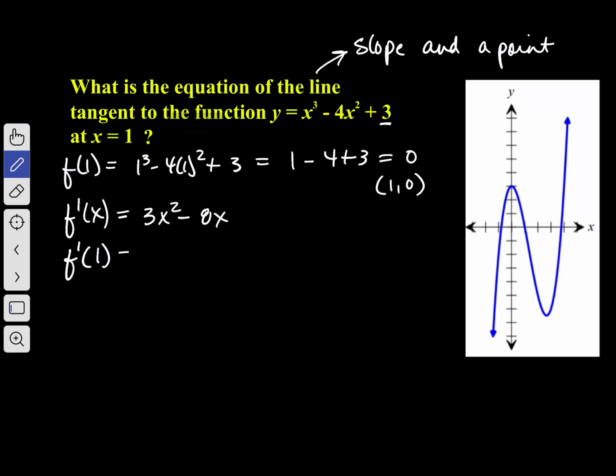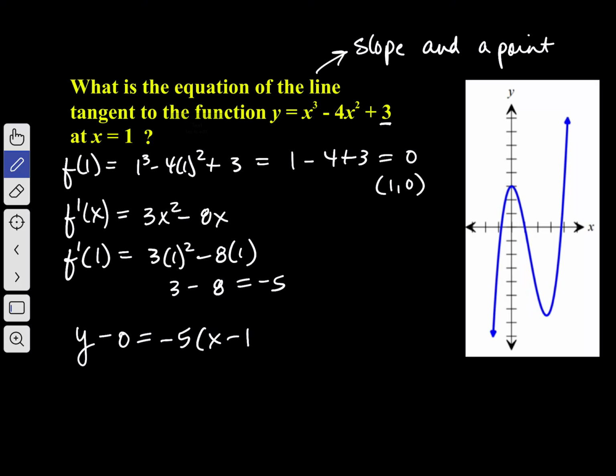So f prime at 1 is 3 times 1 squared minus 8 times 1, which is 3 minus 8, and that gives me -5. So the slope at 1 is -5. Now if I want to write my equation in point-slope form, y minus 0 is equal to -5 times (x minus 1). I can leave it like this, or I can risk losing a point by simplifying. That's up to you.